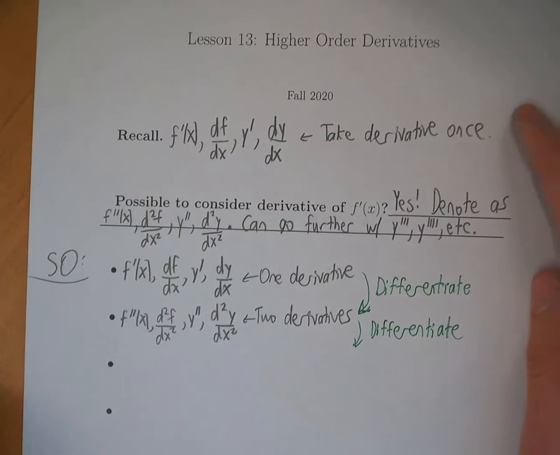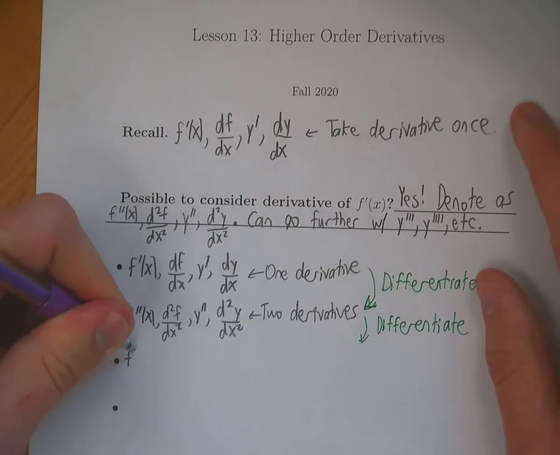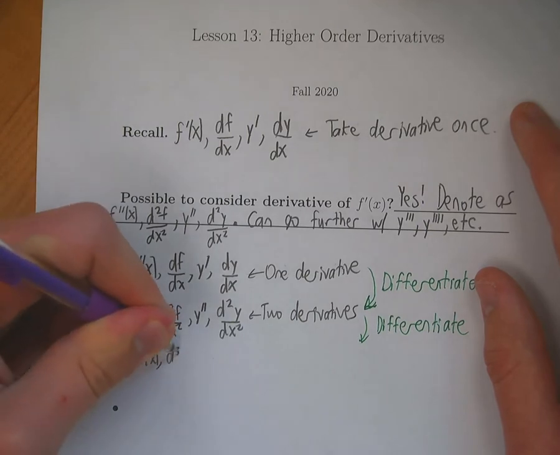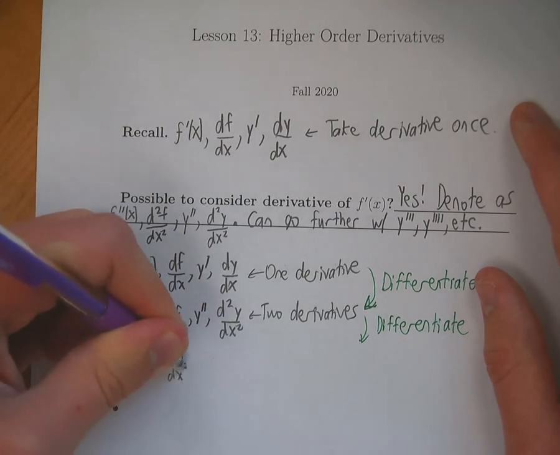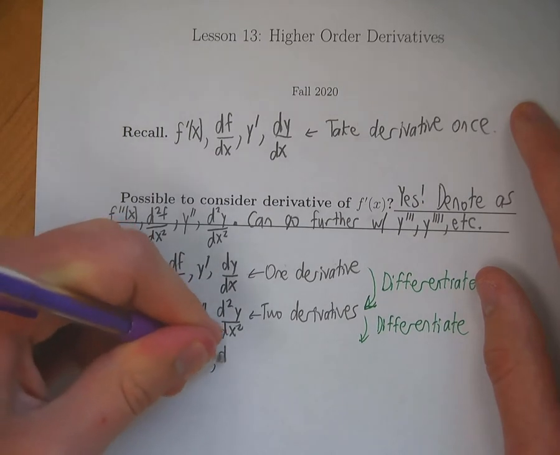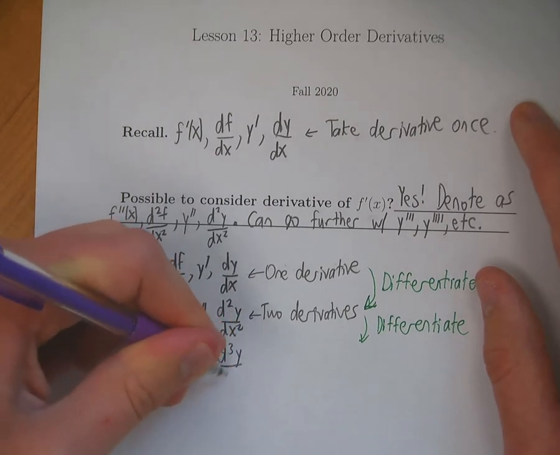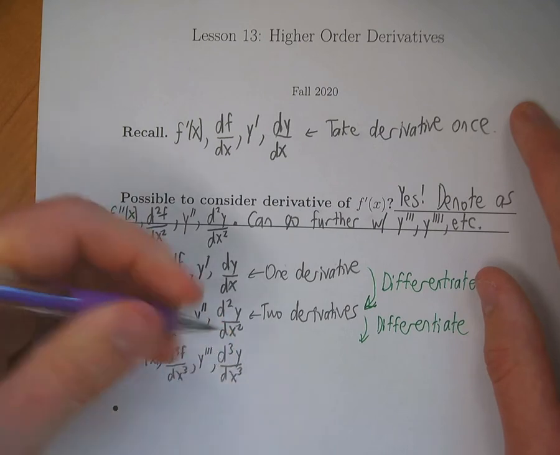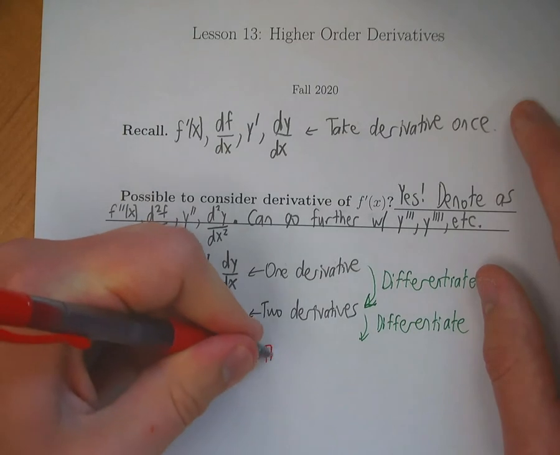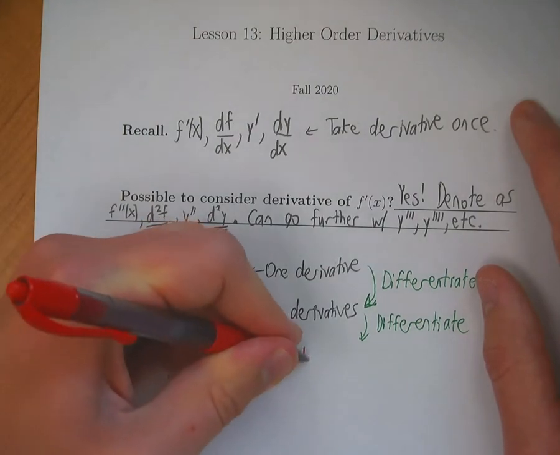In this case, as you might have guessed, you would end up with f triple prime of x, d cubed f over dx cubed, y triple prime, and d third y over dx to the third. And that will be 3 derivatives.